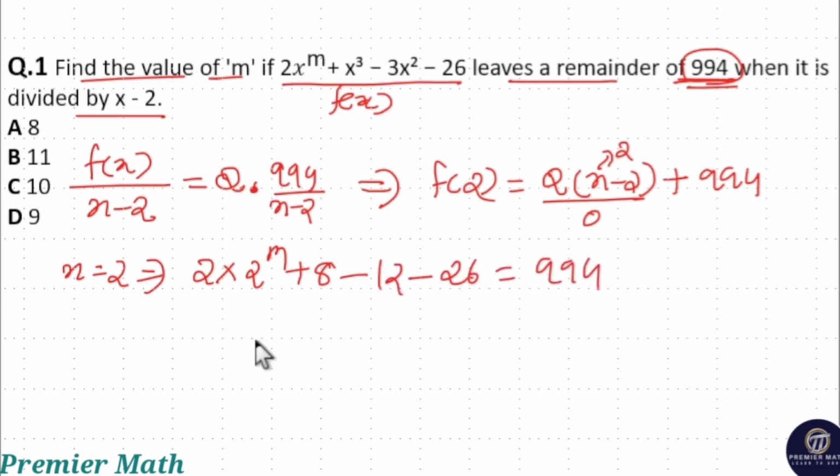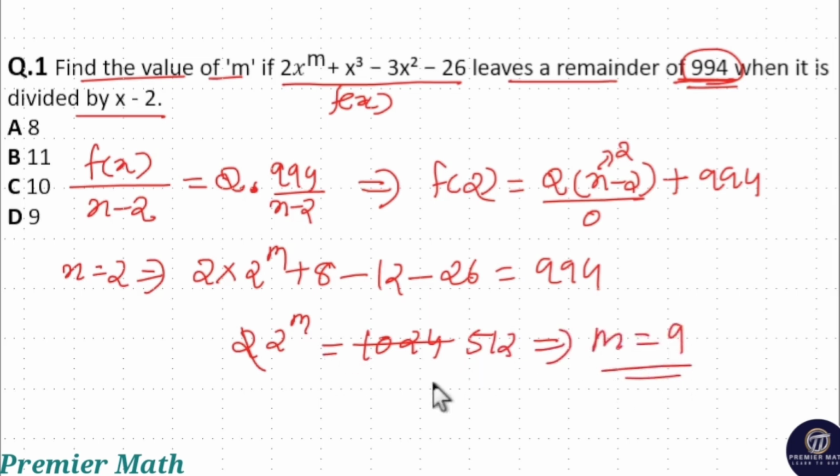Now 2 into 2 raised to m is equal to minus 12 minus 26, which is minus 38. Minus 38 plus 8 is equal to minus 30. So 994 plus 30 is equal to 1024. 2 goes 512 times in 1024, which means 2 raised to m is equal to 512, which means m is equal to 9 because 2 raised to 9 is equal to 512. So option D is your answer.